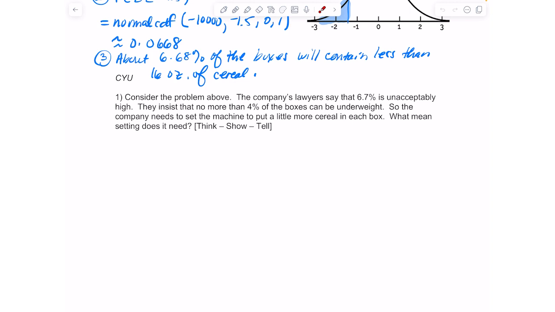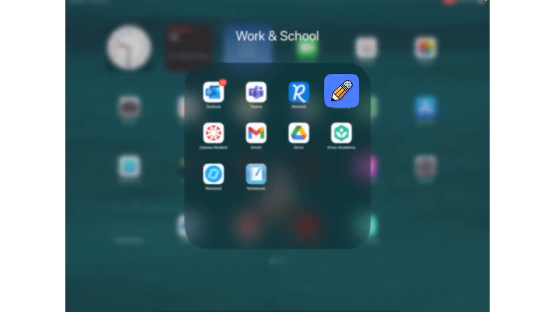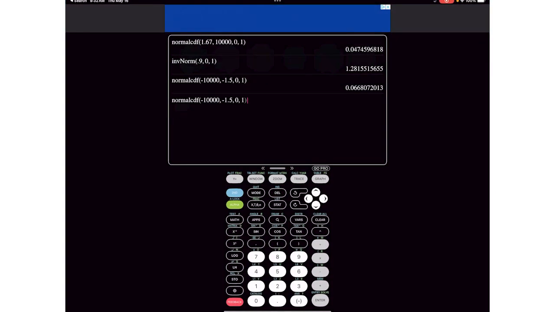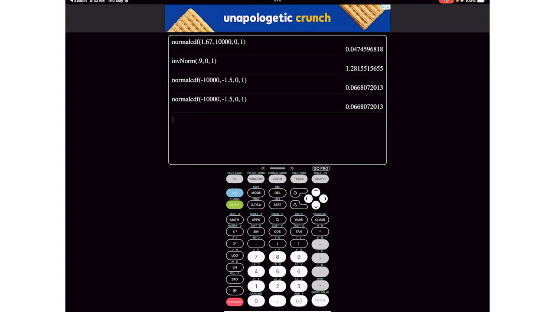Okay, so since I'm given a percentage, remember, that means I need to use inverse norm. And the area would be 0.04, my mean is 0, my standard deviation is 1. So what I need to do is go to my graphing calculator, and I'm going to do inverse norm.